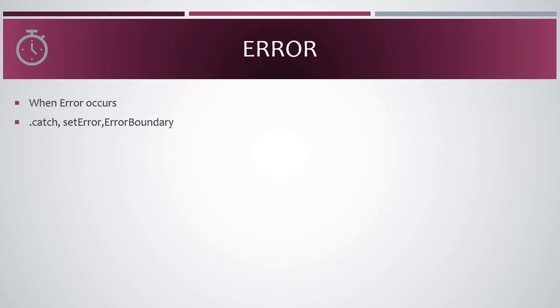So these are all error stages. At the time of the error, there is a specific stage where it would render some error related messages in your UI. That is called the error stage. One such example is componentDidCatch and the error boundary.